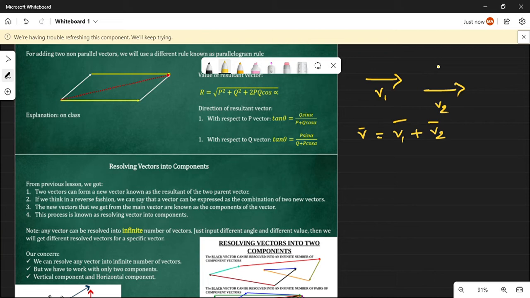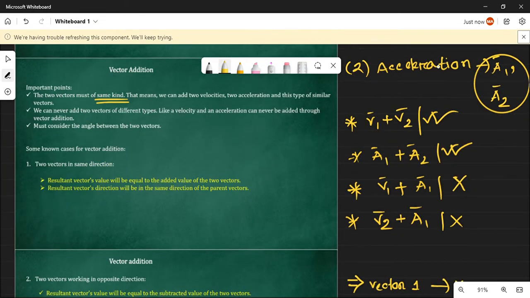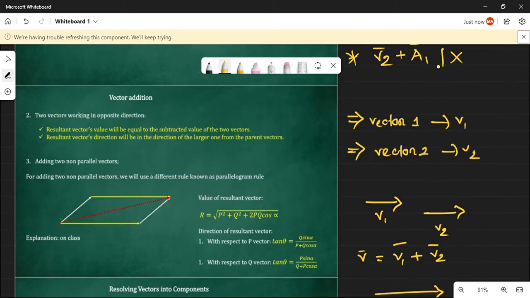This v will be a greater value, and it will be in the same direction as the parent vectors. I have also written this: the resultant vector's value will be equal to the sum of the two vectors, and the resultant vector's direction will be in the same direction as the parent vectors.